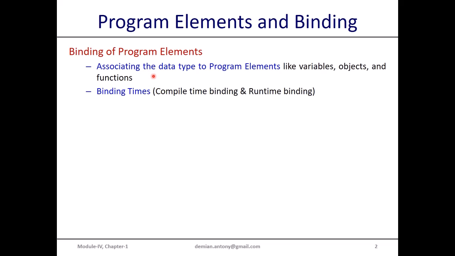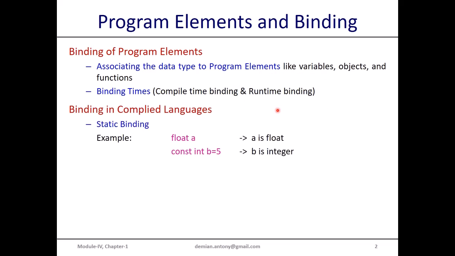This binding can take place at different times: at programming time, during assembly, at compile time, at runtime, or even at loading time and linking time. Most of the languages adopt compile time binding, also called static binding, while a few of the languages adopt runtime binding, called dynamic binding.